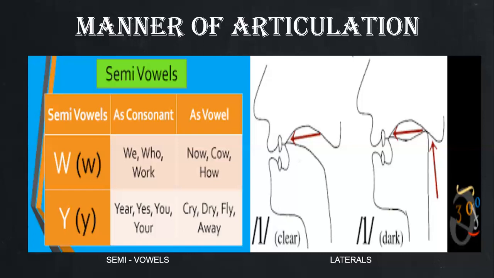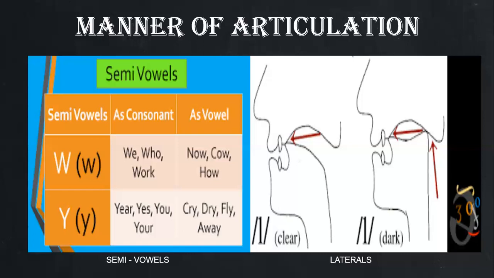These are called semi-vowels, and they are frictionless continuants. Okay, for example, wait, yes, what happens? The active articulator and the passive articulator are brought close, but there is a wide gap between them, and the air escapes through that wide gap without any friction.